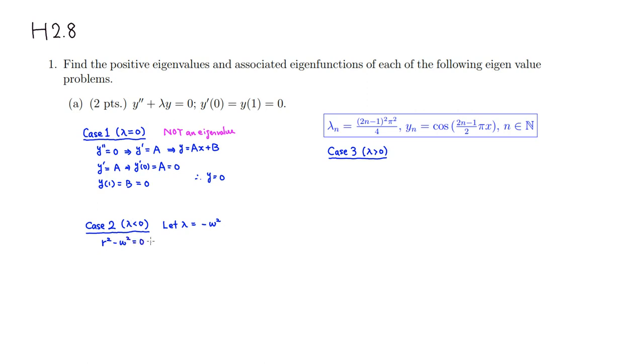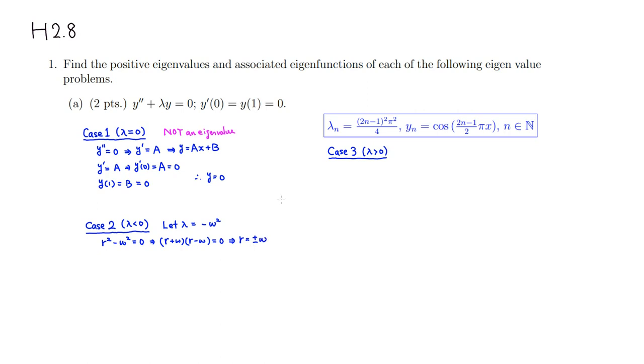Then we can simply factor it: r minus omega times r plus omega equals 0, which tells you that r is equal to plus or minus omega.